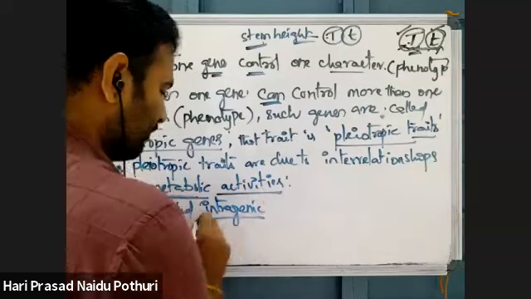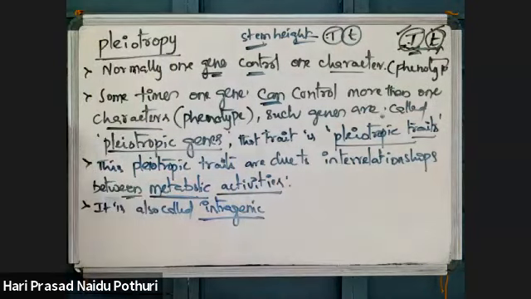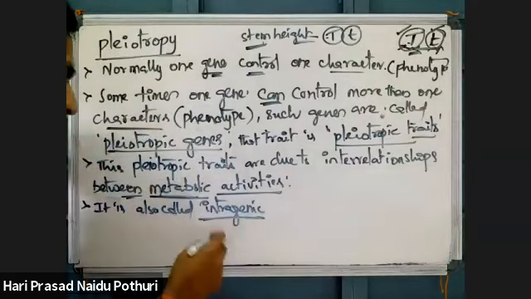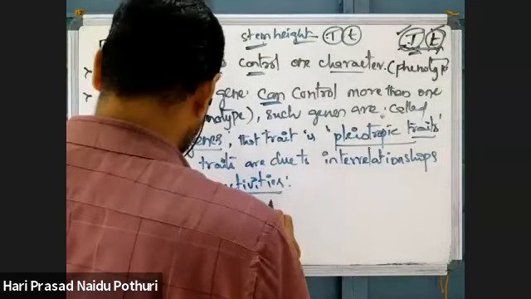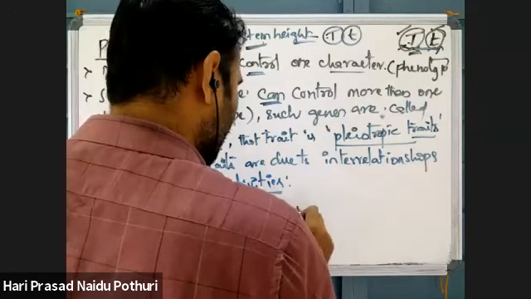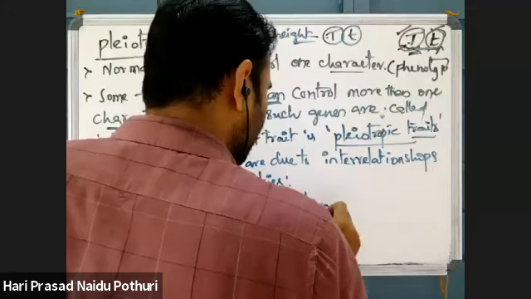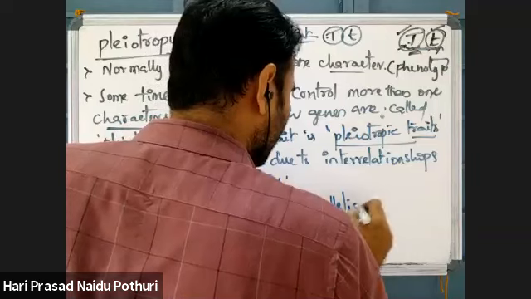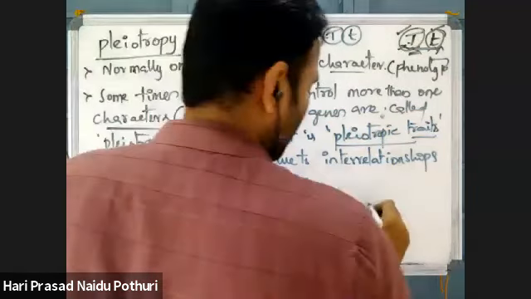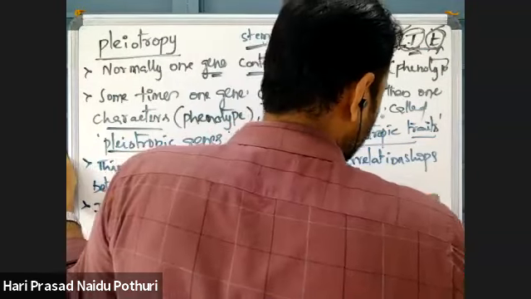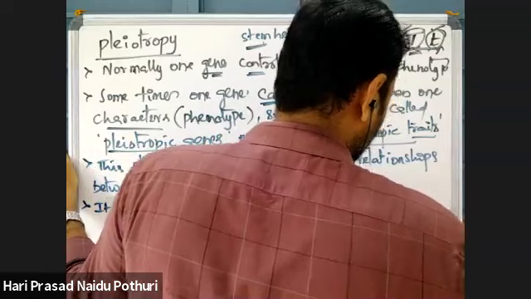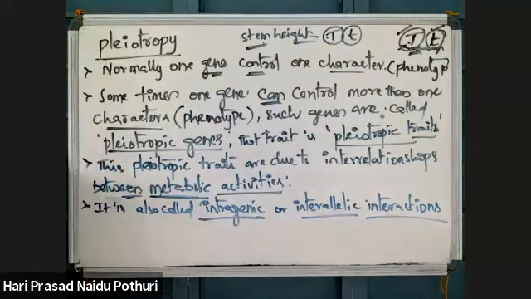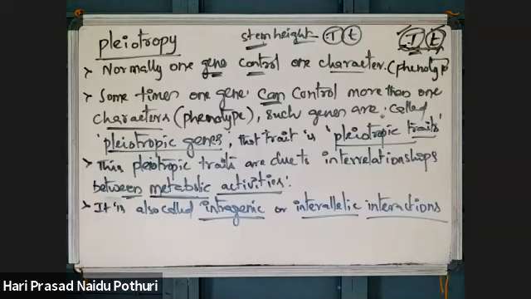Intragenic means within the gene there are some interactions, or interallelic, between different alleles there are interactions taking place. So pleiotropy can also be called intragenic interaction or interallelic interaction.